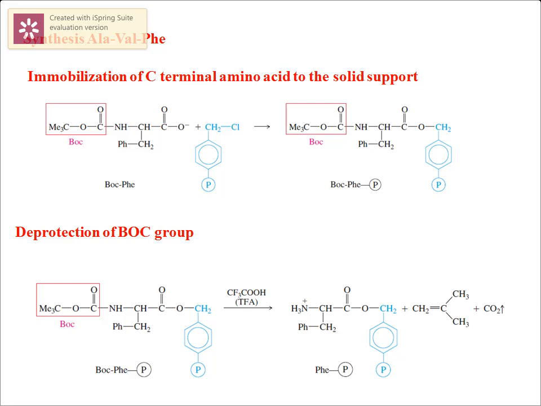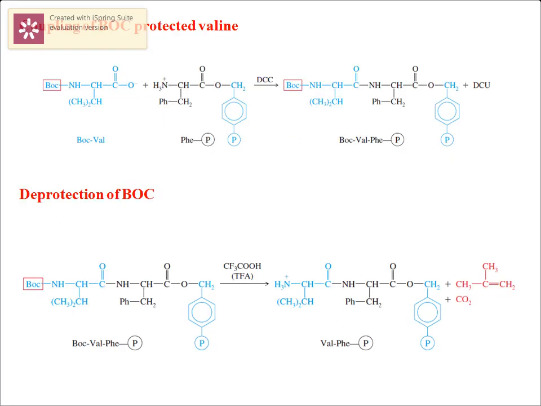So now the solid support contains phenylalanine with a free NH2 group. The first step was the immobilization, and the second step the deprotection of the NH2 group. Now we have a free NH2 group on the phenylalanine, which is ready for coupling with a new amino acid.